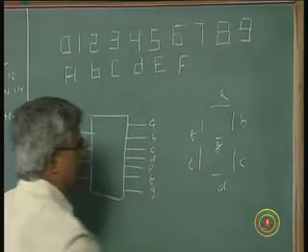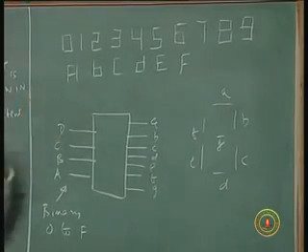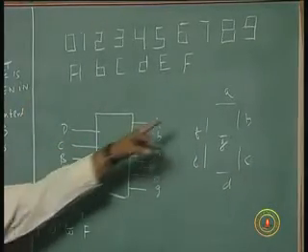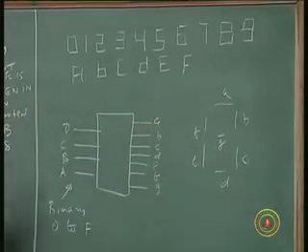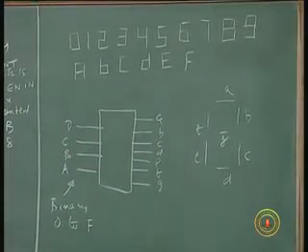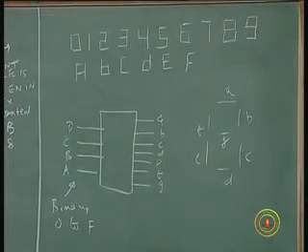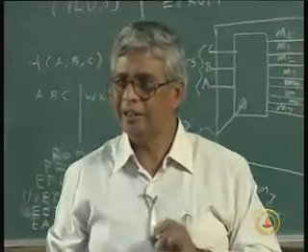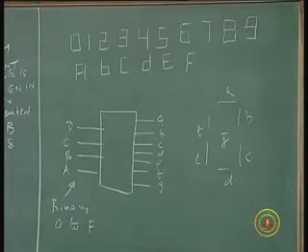So for each of these characters, you want to know whether A is on, B is on, C is on, D is on, E is on, F is on, G is on. Which is on, which is off. On is 1, off is 0. Write the table and then that will be the ROM table.